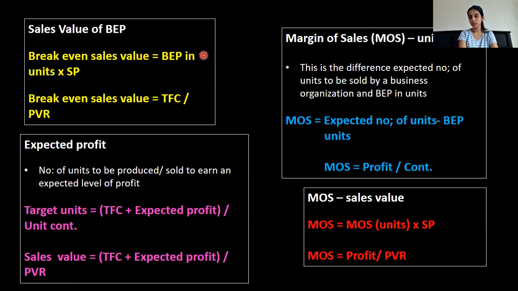So the units that we need to produce or sell in order to break even, that into selling price will give you the break-even sales value. And another formula for the break-even sales value is total fixed cost divided by PVR ratio, or total fixed cost divided by the CS ratio. That will also give you the sales value of BEP.